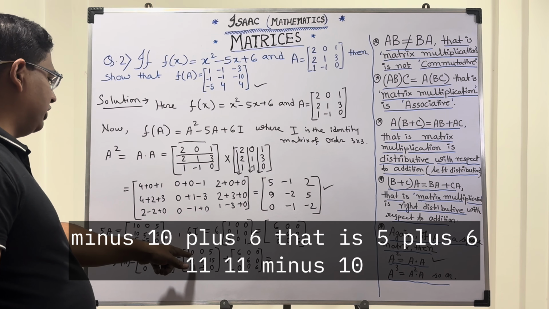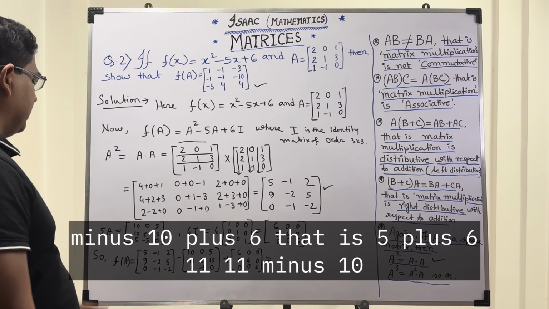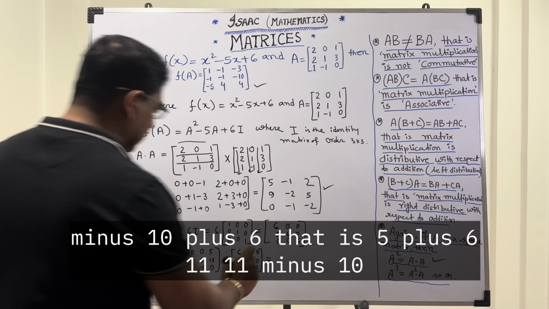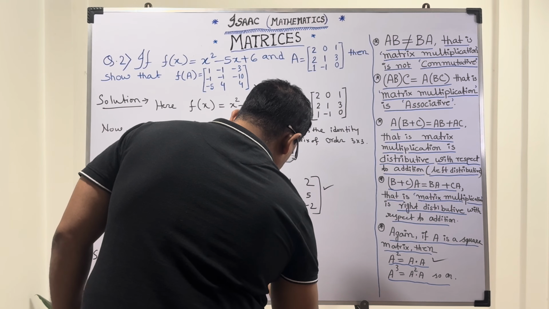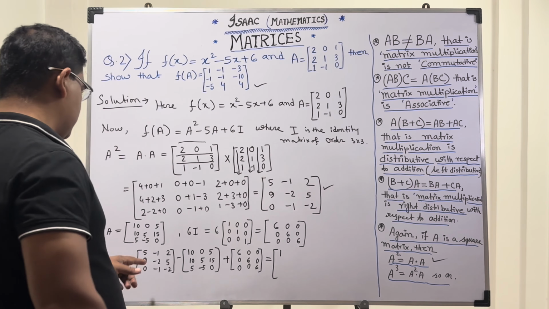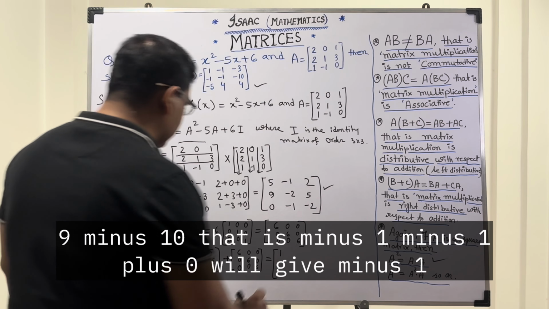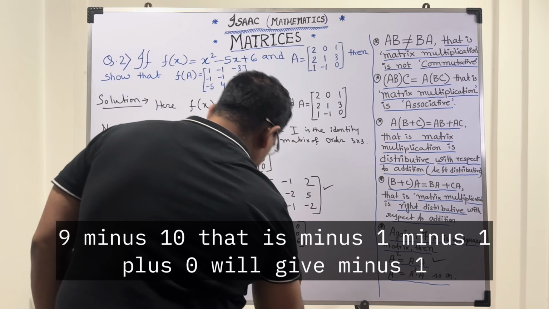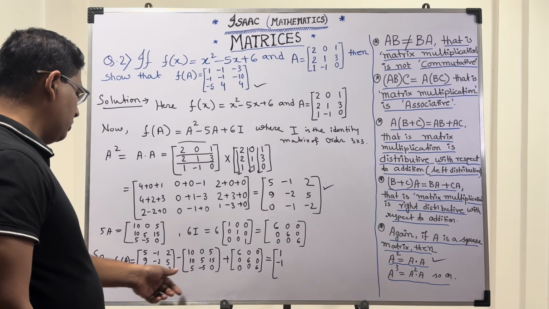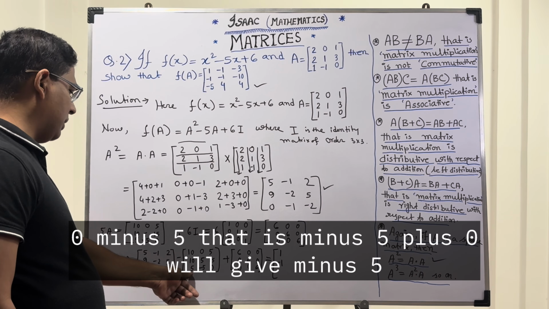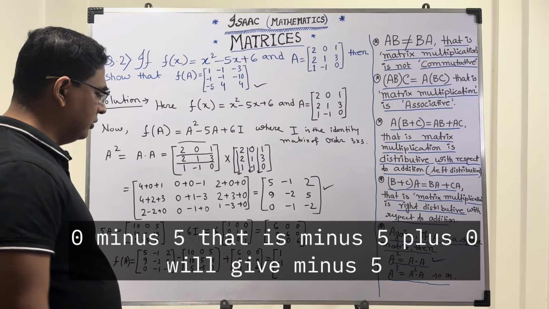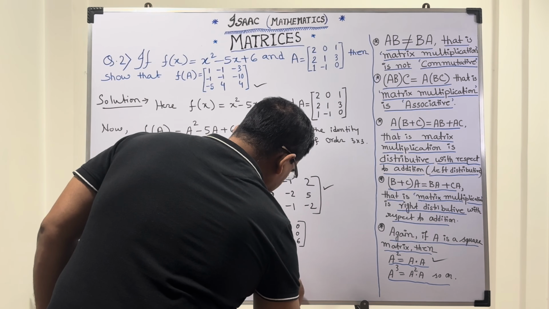5 minus 10 plus 6, that is 5 plus 6, 11, 11 minus 10 will give 1. 9 minus 10, that is minus 1. Minus 1 plus 0 will give minus 1. 0 minus 5, that is minus 5 plus 0 will give minus 5.